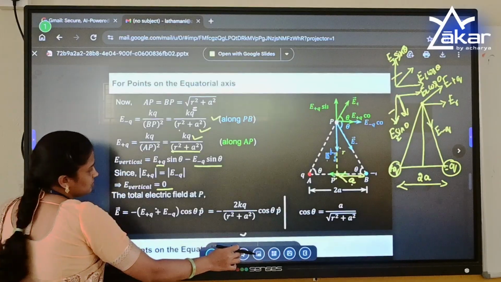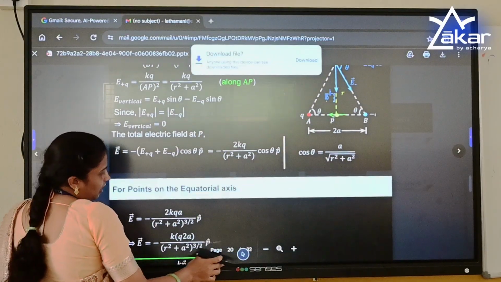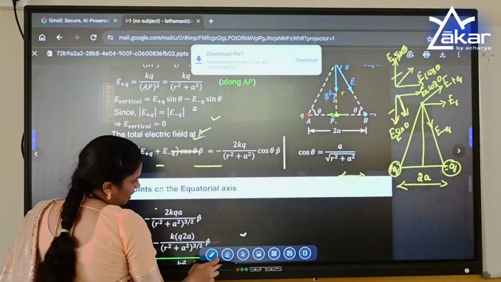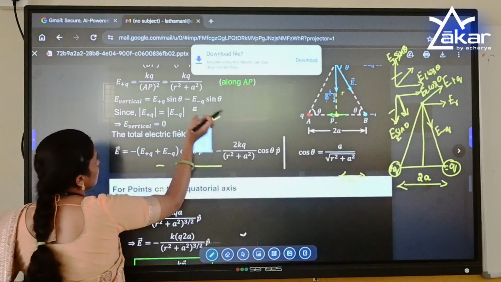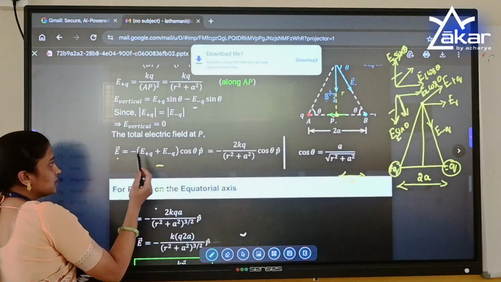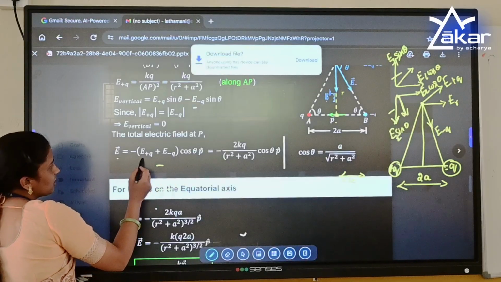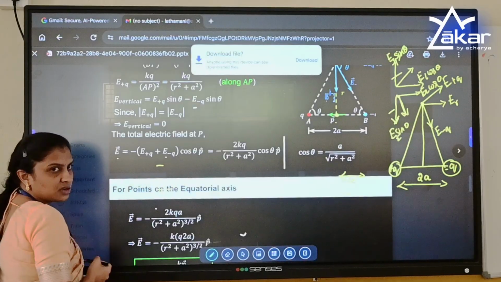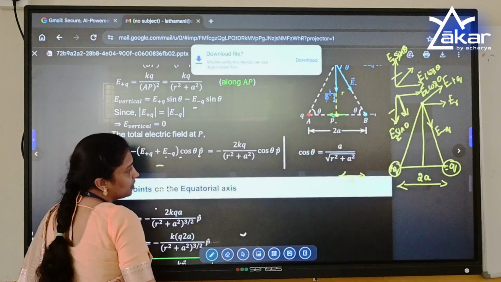After that we have to prove E horizontal. So now you can see, E is equal to the horizontal component, minus of E plus Q plus E minus Q cos theta into P cap.